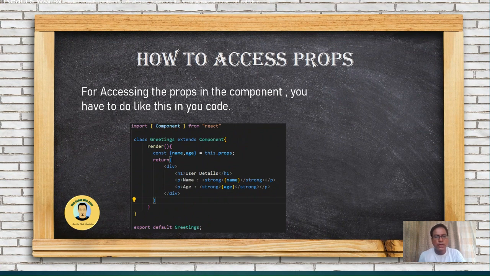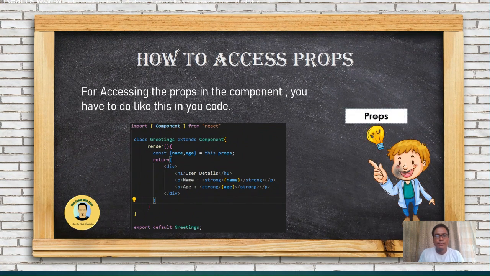We can access the props with the help of this.props in the class component, and we can destructure the props using name and age. After that, inside the return statement, we can display the user detail. Inside this, we have name and age, and we can display name and age, and it will show the output like displaying the username and the details of this.